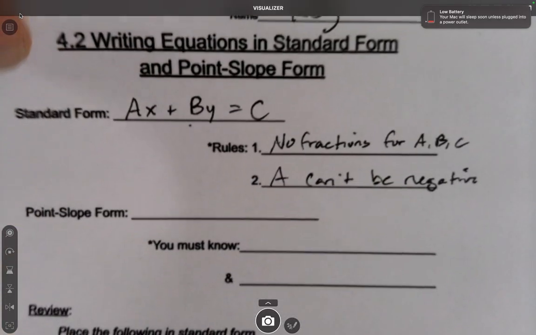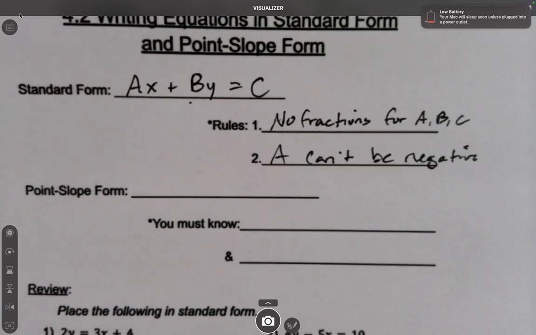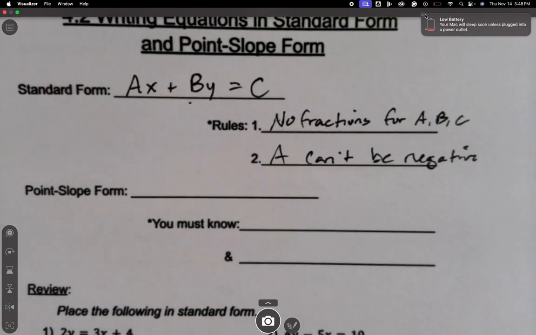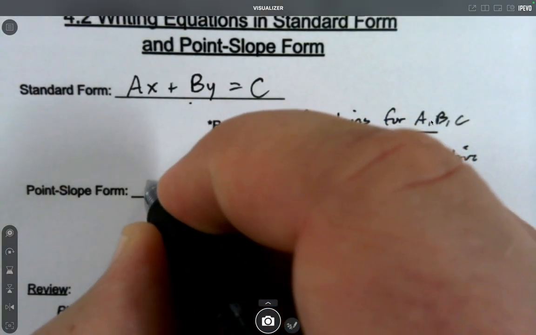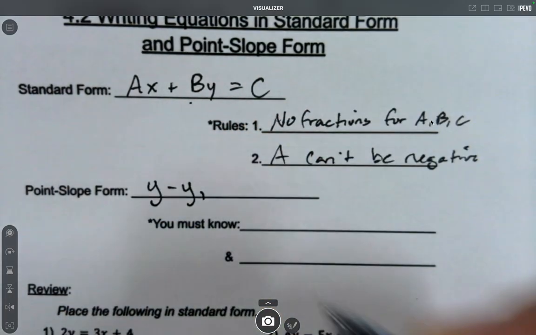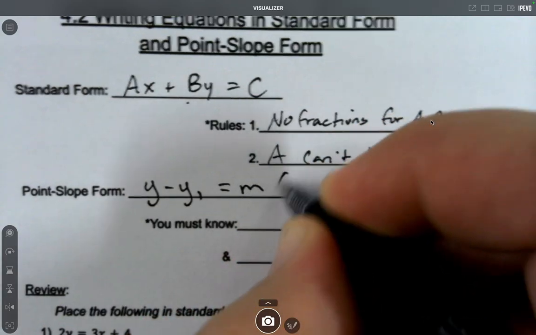Now, the new one, which I think I maybe had you write down, but otherwise it's brand new. It's called the point-slope form. You do y minus y1 equals m times x minus x1.